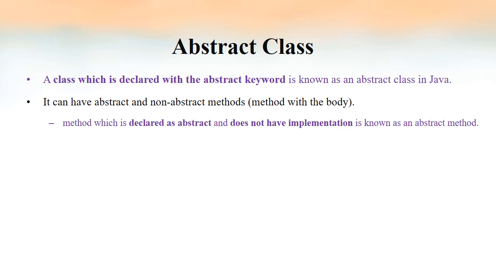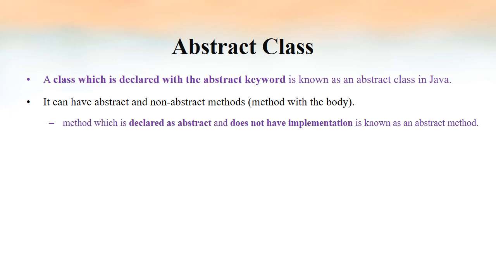In other words, if you want to make a method abstract, you have to declare it with the keyword abstract, and then you cannot write the body of that method. It is not possible to write a single line of code inside it.